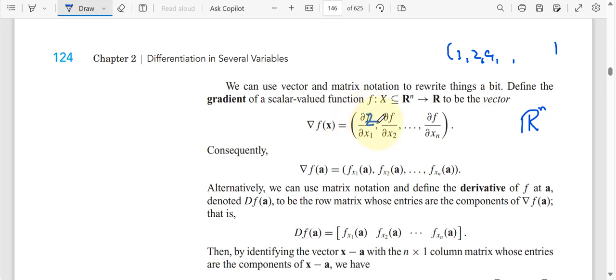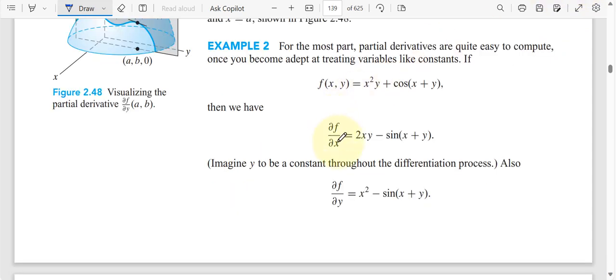Actually, we saw that each of these is a function. Let's go back and check that. So here, the partial of f with respect to the first input variable, that would be x1 in the notation we were just looking at. But here we're calling it x and y. So instead of x1 and x2, we're calling it x and y. But anyway, the partial of f with respect to the first variable is not a number. This is a function.